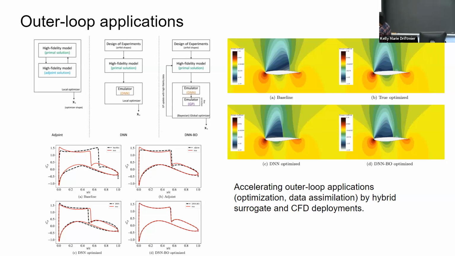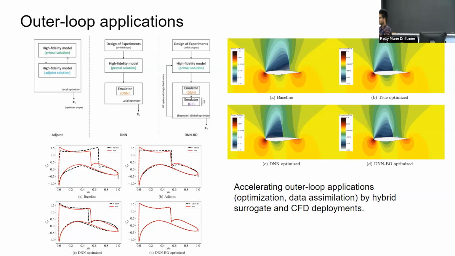So, you folks are all from the aerospace department over here. You probably know a lot more about this than I do. For example, some of the things that we looked at also with Ashwin is how to do shape optimization of transonic airfoils, right? Without using adjoints, right? So without using the adjoint of a CFD code, we use the adjoint of a surrogate, right?